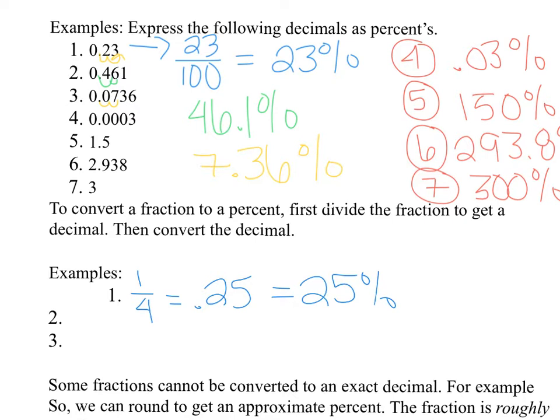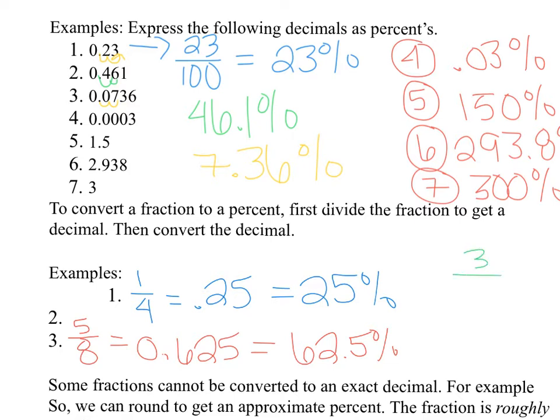In number 2, I have 5/8. Again, do the division. That gives me 0.625. Move 2 places to the right, 62.5%. In number 3, we have 3/4.